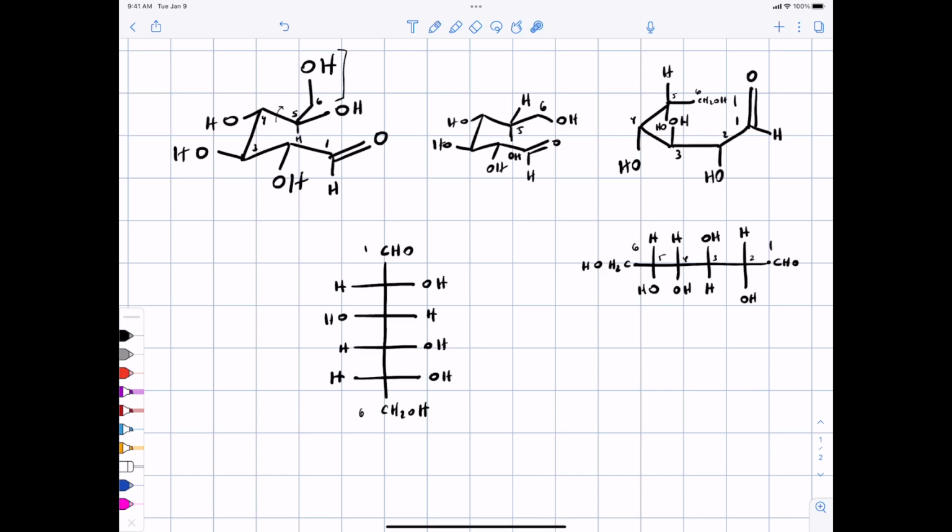For a long time, this is how you knew that glucose was a D sugar, because the last OH group on carbon 5 was on your right. All right, so that is the Fischer projection of D-glucose.